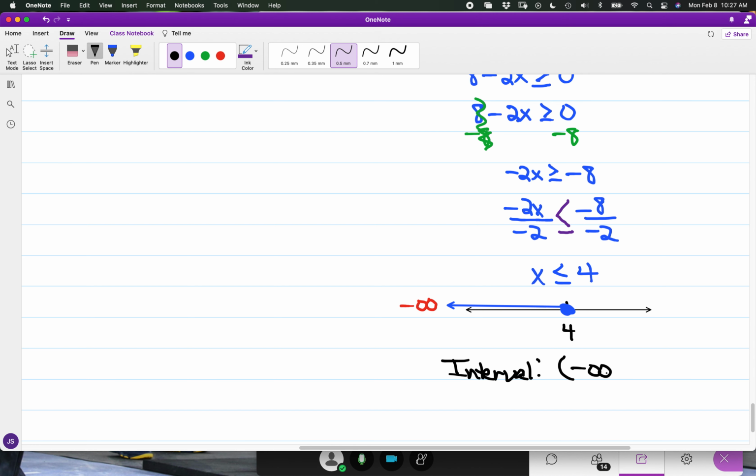So going from negative infinity, and again, negative infinity is in the parenthesis, and we have approaching and including 4. And so 4 is going to be in the bracket.